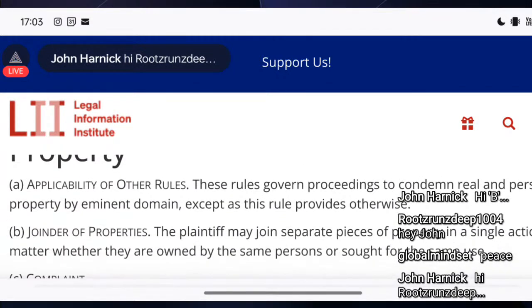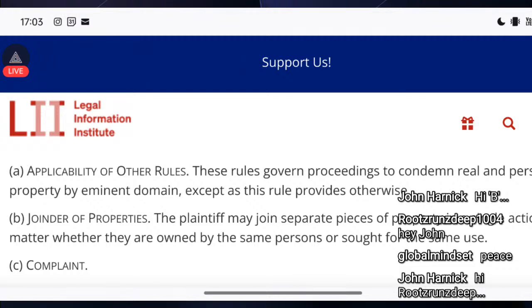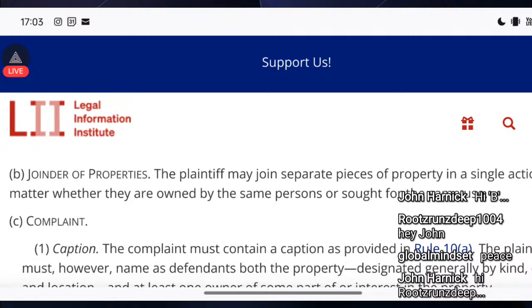So it says here, applicability of other rules. These rules govern proceedings to condemn real and personal property. Notice it says real and personal property by eminent domain, annexation, except as this rule provides otherwise. Joinder of properties.